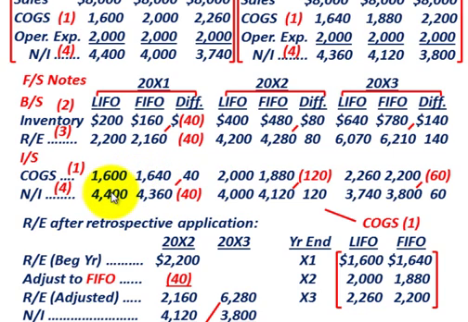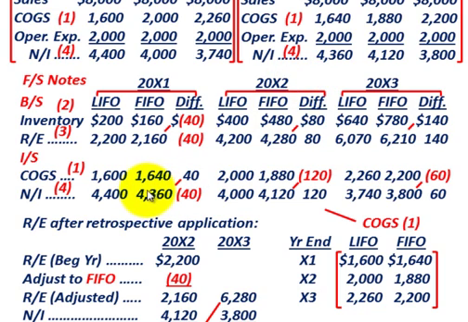Remember we calculated our net income, so let's go back. For LIFO we had 4,400, versus FIFO, which was sitting at 4,360.